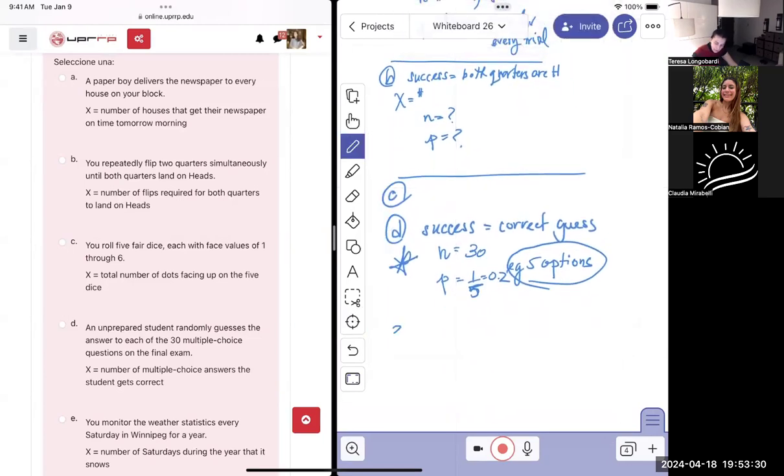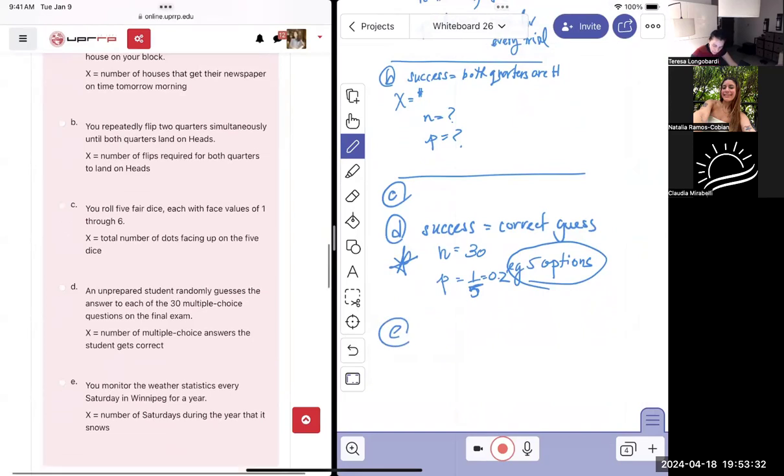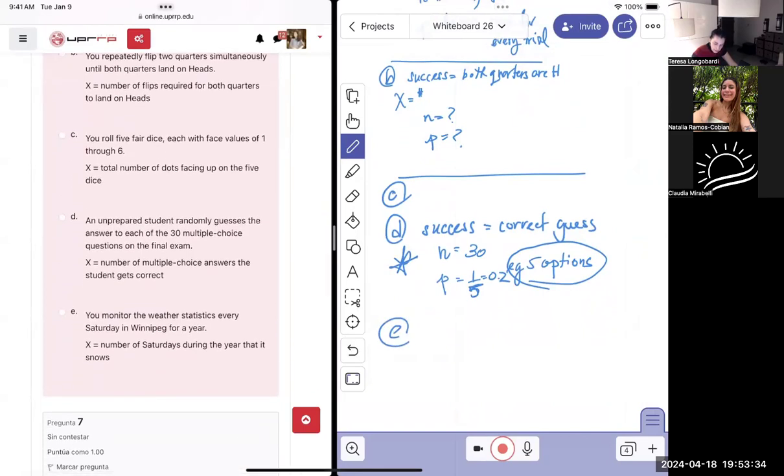Let's keep going. E. You monitor the weather statistics every Saturday in Winnipeg for a year. X equals the number of Saturdays during the year that it snows. Remember, N has to be known and finite.